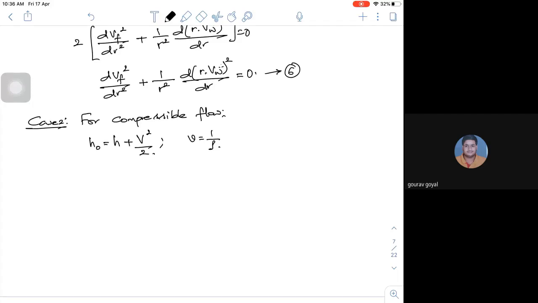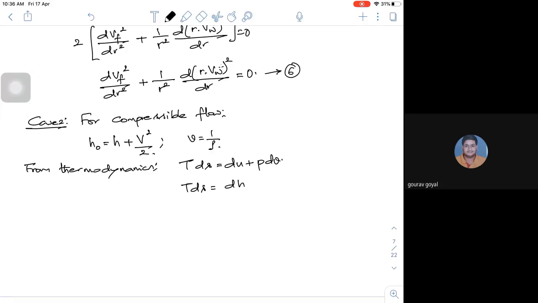From thermodynamics we have two TdS equations. One is TdS is equal to dU plus PdV. This is in terms of internal energy and PdV work. And I have another one, TdS is equal to dH minus VdP, in terms of enthalpy.